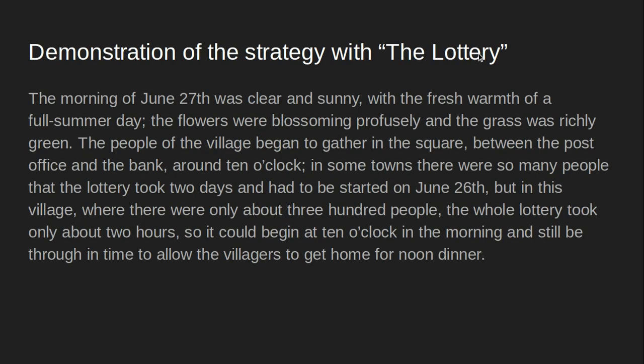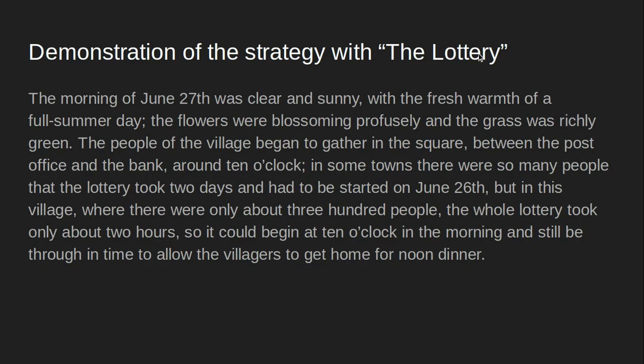So, our demonstration of the strategy with The Lottery. The morning of June 27th was clear and sunny, with the fresh warmth of a full summer day. The flowers were blossoming profusely, and the grass was richly green. The people of the village began to gather in the square, between the post office and the bank.